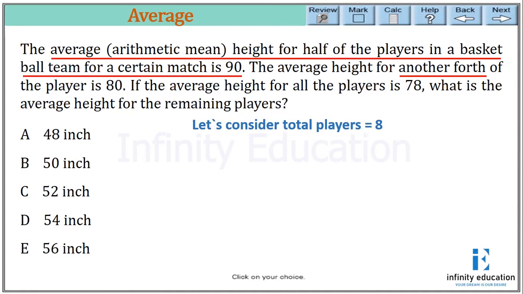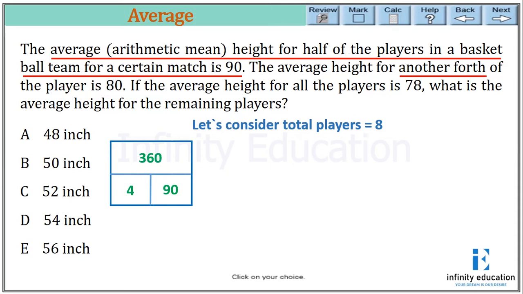The average for half of the players on a certain team is 90. So I can make an average box here. That is 4 players having the average height of 90. So the total for these 4 players should be 360. Now let's see the next information.